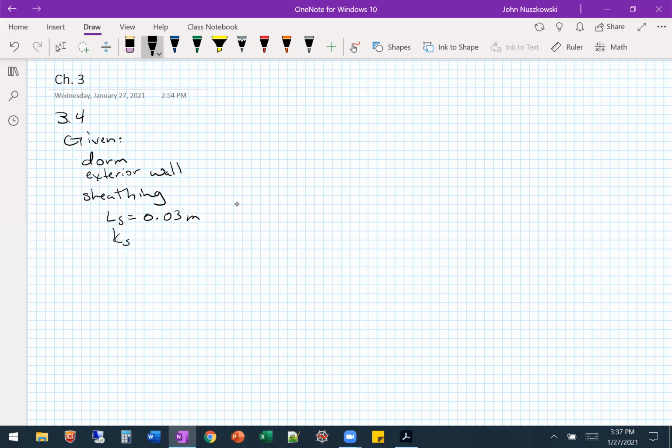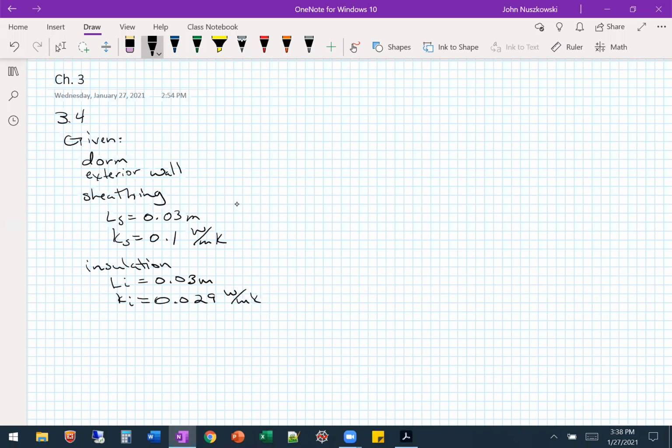Thermal conductivity for that sheathing is 0.1 watts per meter Kelvin. Then when it's retrofitted, we have some insulation. The insulation is 0.03 meters, thermal conductivity 0.029 watts per meter Kelvin.